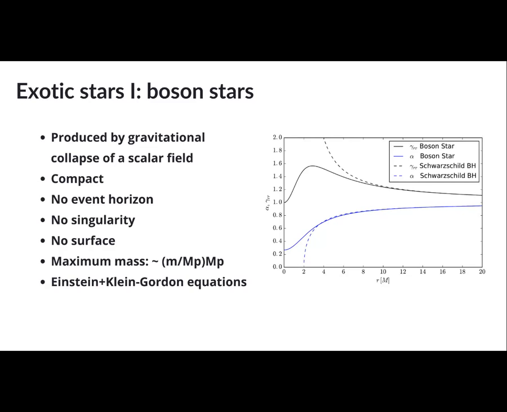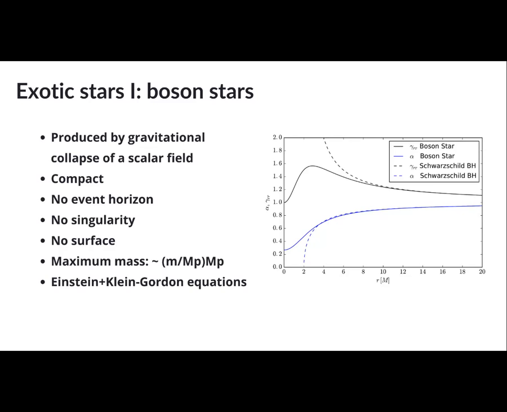They also have no surface. They have a maximum mass that depends on the mass of the boson. This, by the way, is wrong. It should be the Planck mass squared over the mass of the boson times the Planck mass, and the solutions can be found by solving simultaneously the Einstein and the Klein-Gordon equations.